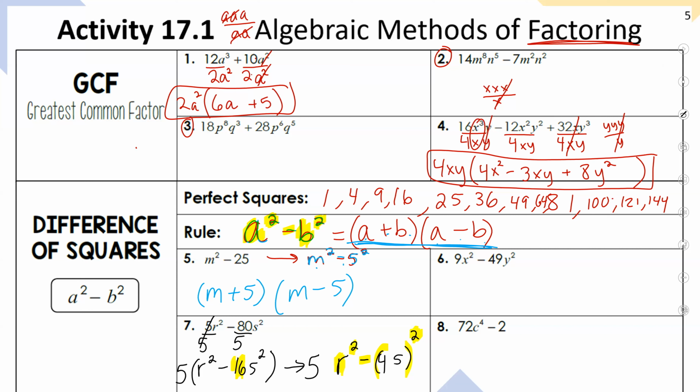Now it's in the right format. Okay? Now we can use the formula. So the formula is A plus B. Your A is r in this case, and then your plus B would be plus 4s. And then do the opposite, r minus 4s. And don't forget to put that 5 on the outside that we divided by in the very beginning.